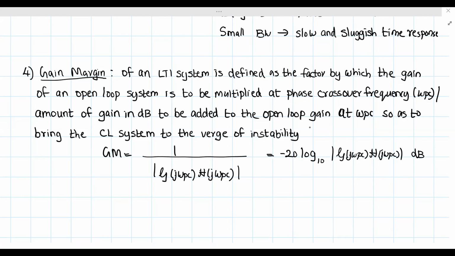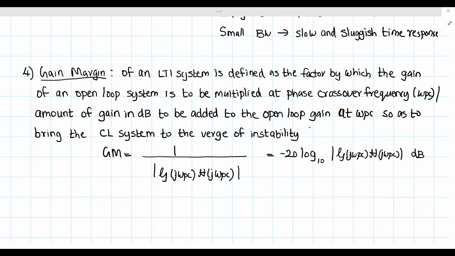That particular value at which the gain becomes equal to 0 dB or 1 is what we call gain crossover frequency. And at some value of frequency omega pc, the angle of the transfer function will become equal to 180 degree. That is what is called phase crossover frequency.